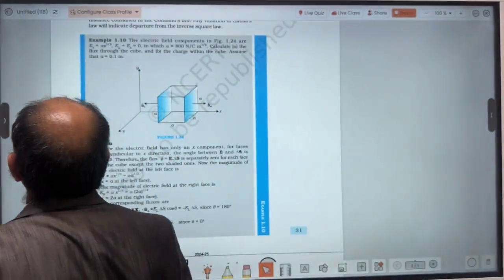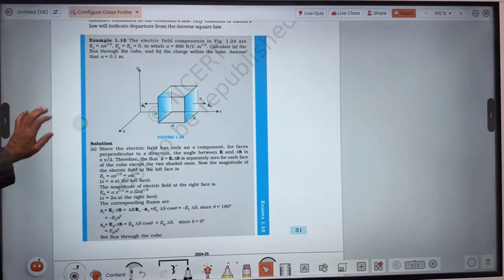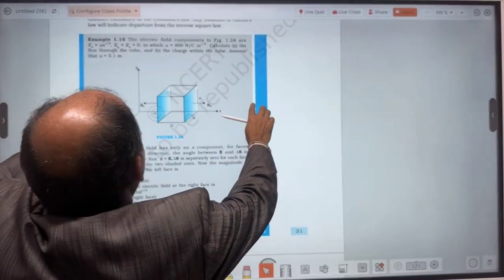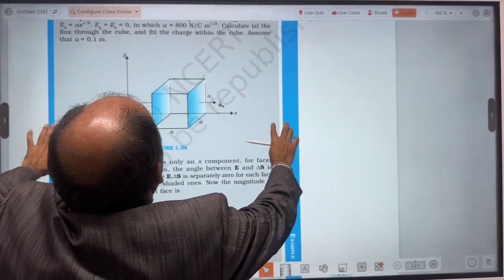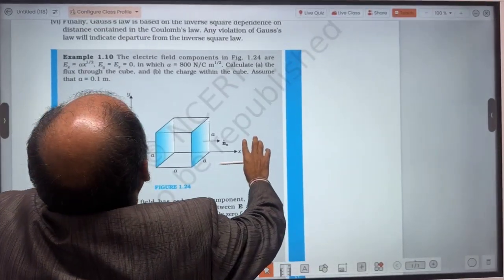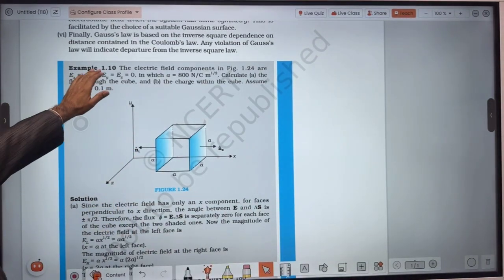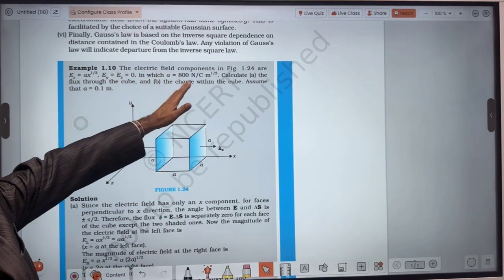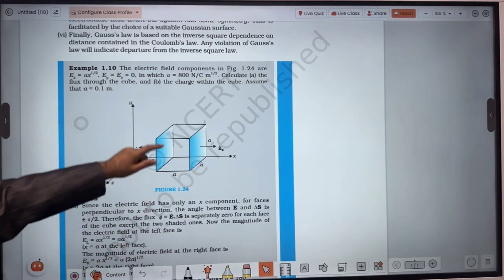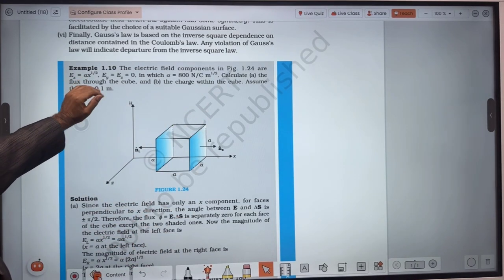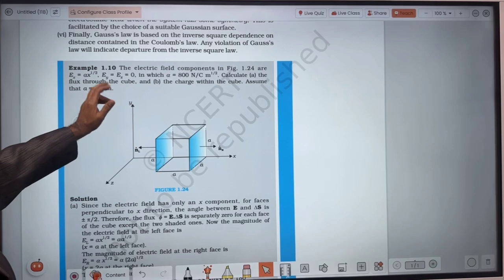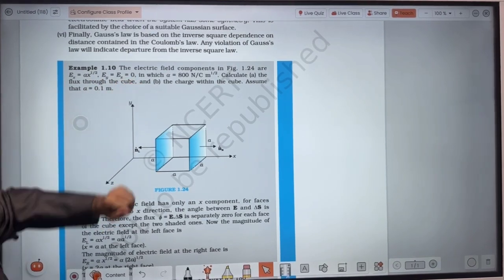Now let's consider this question. I'm making it a little larger so that you can see, and then we will try to solve it. It's a simple question. The electric field components in figure 1.24 are Ex equal to alpha x power half, Ey and Ez equal to 0.